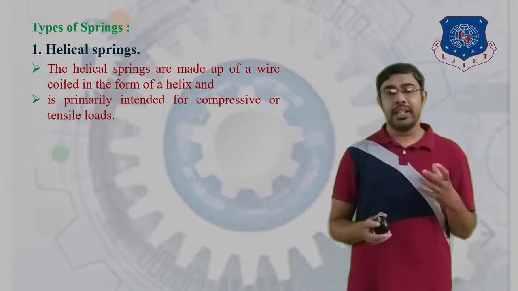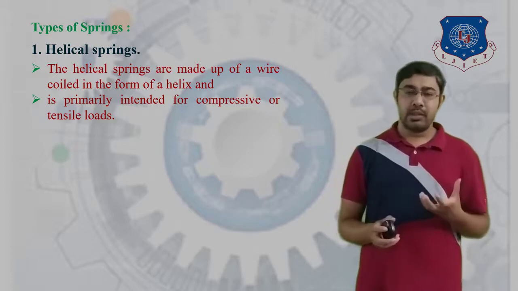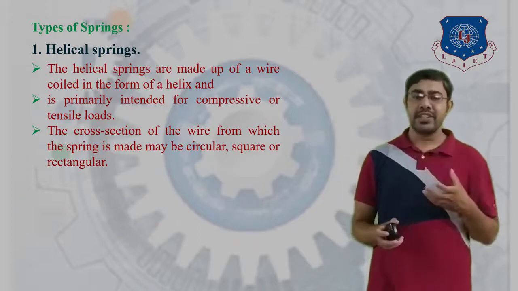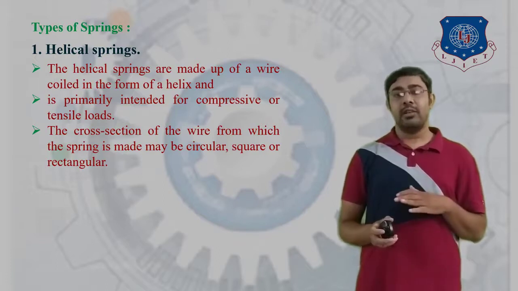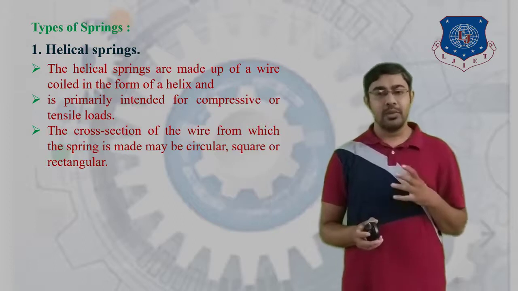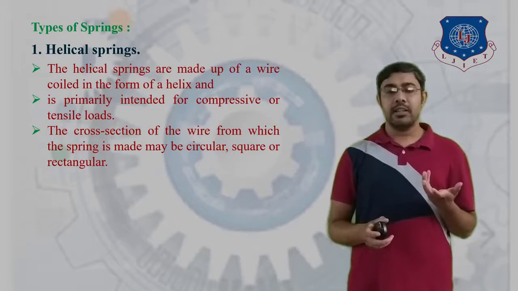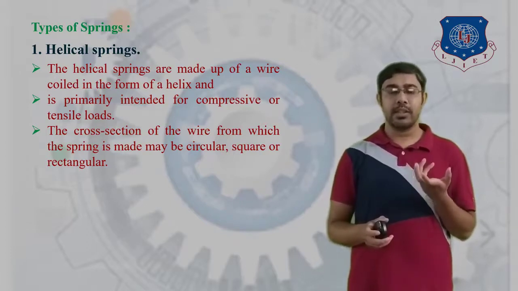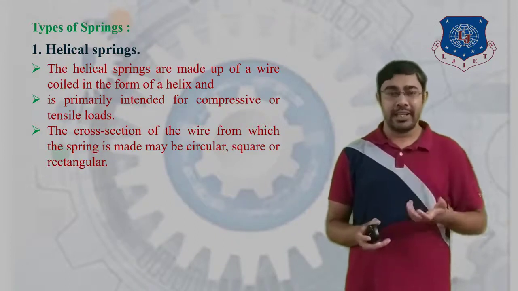The cross section of the wire from which the helical spring is made may be circular, rectangular or square. Whatever the cross section of the spring, you can choose according to the application.